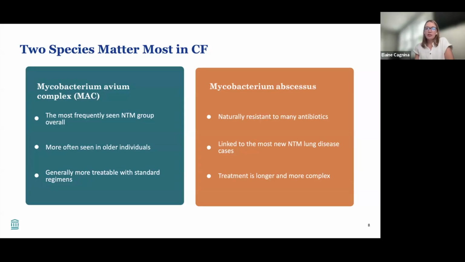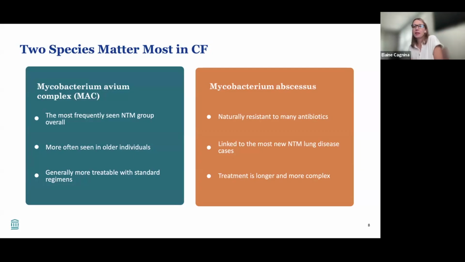And then Mycobacterium abscessus is the other one. There's really two subspecies that are the most important. As I was talking about before, Mycobacterium abscessus is the most problematic one. Mycobacterium abscessus massiliense is the other one that we see. They both are more resistant to antibiotics than MAC, than Mycobacterium avium.